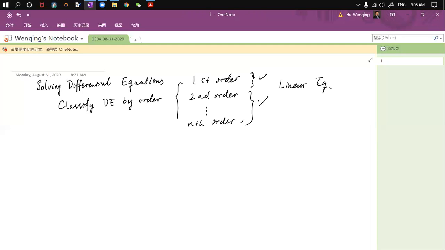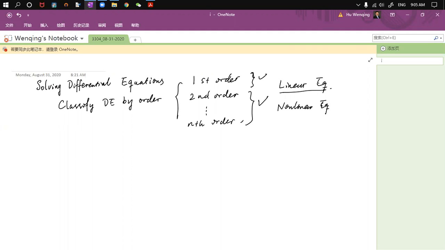We're going to talk about the solutions via linear equations, and a little bit about nonlinear equations. That's the main plan of what kind of equations we're going to talk about for the rest of the semester.